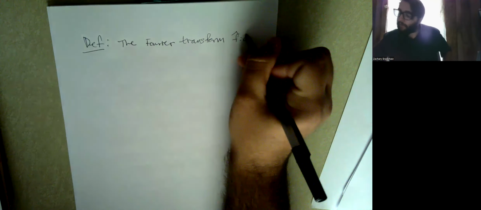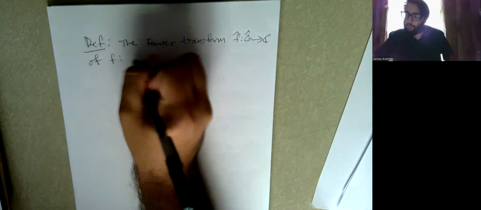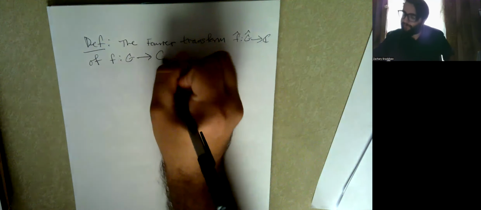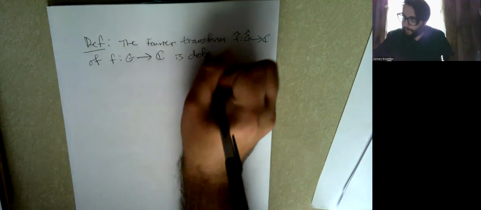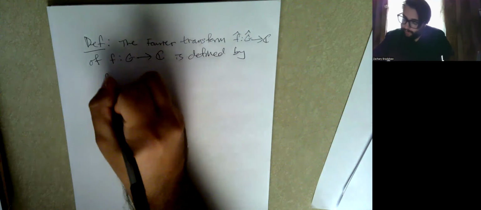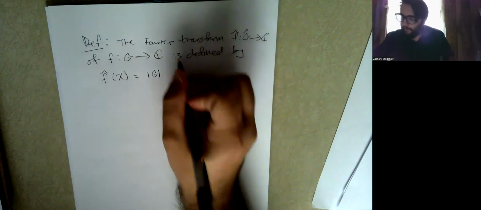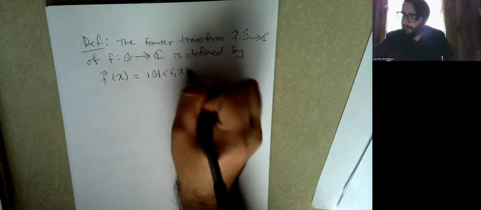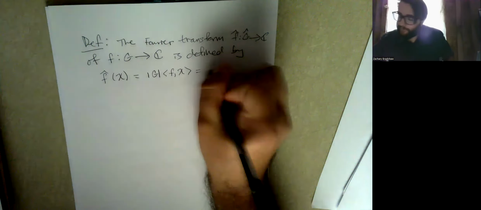The Fourier transform will now go from G hat to C. So it goes from the dual group to C. This is the Fourier transform of a function mapping the group to C. It is defined by f hat of chi, where chi is an element of the dual group, is equal to the order of G, so for the cyclic group that was n, times the inner product of f with chi. And this is the sum over g in G of f of g, chi of g bar.